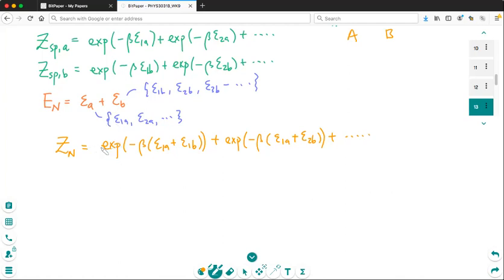After I'm done, I'm going to look at E2A. I'm going to pick the second element and combine it with all the elements in this list one by one. So each one will give me one exponential factor.